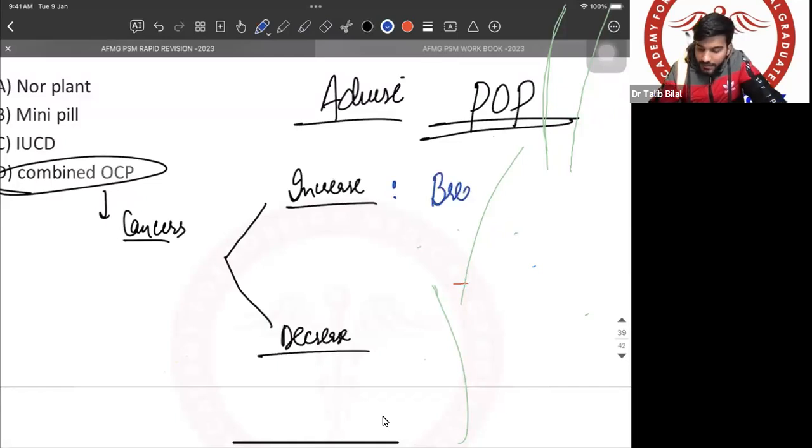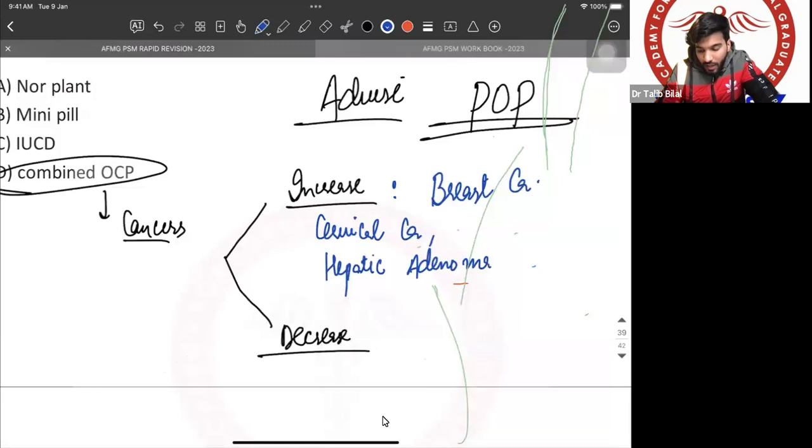Increased chances of breast cancer, cervical cancer, and hepatic adenoma, or hepatic hemangioma, as you have studied in surgery. These are all the cancers that are increased with the intake of OCPs. So patients with liver disorders cannot take OCPs, because they increase such cancers.